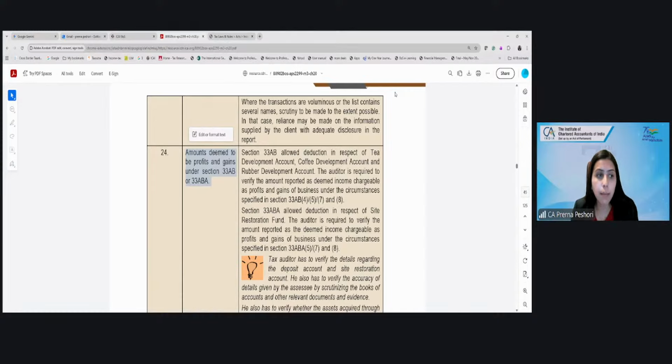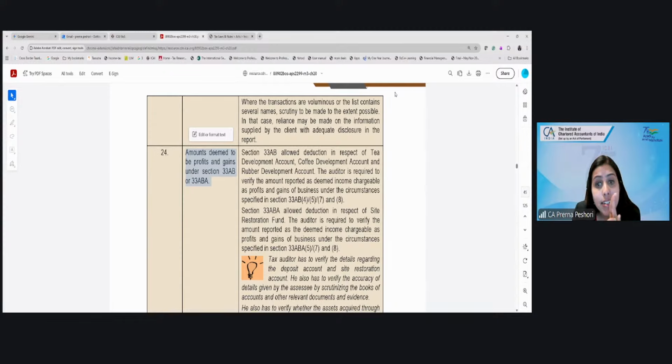So under 33AB, you have these restrictions on how you can use the amount. Where any amount is withdrawn and utilized for purposes which are not in accordance with the scheme, are we getting this?